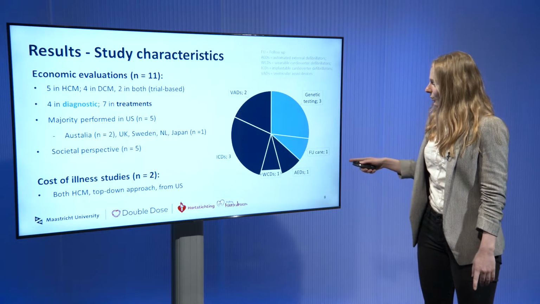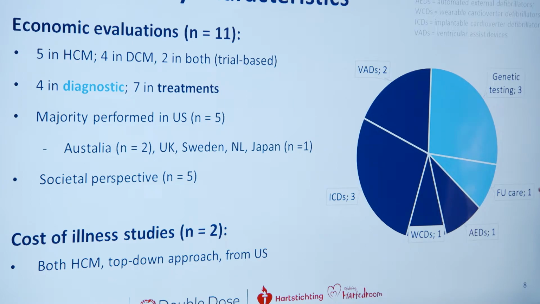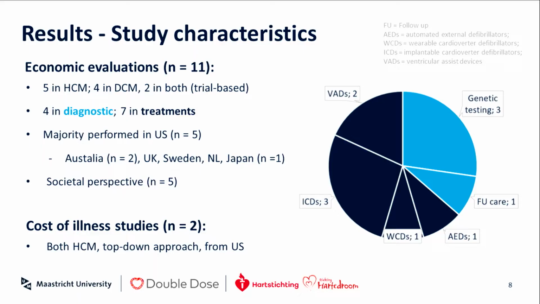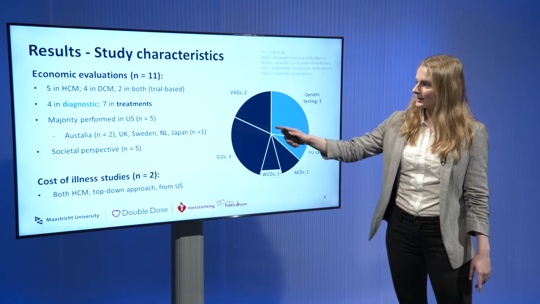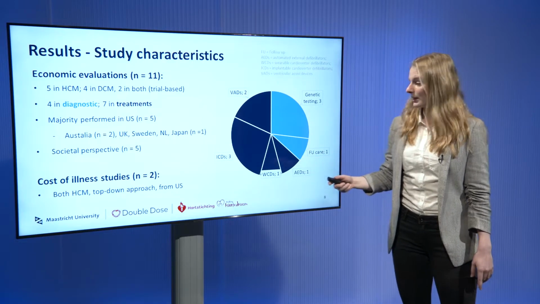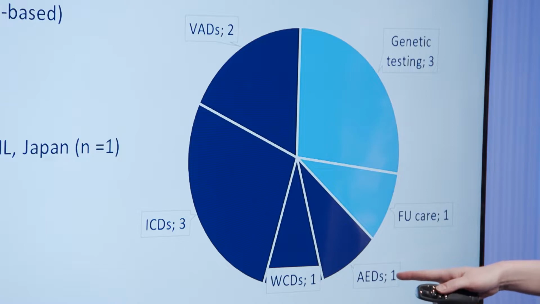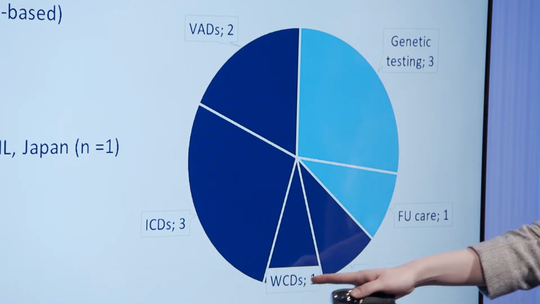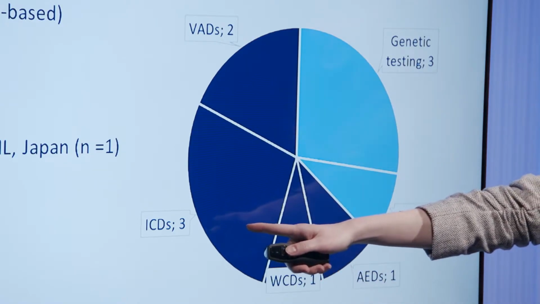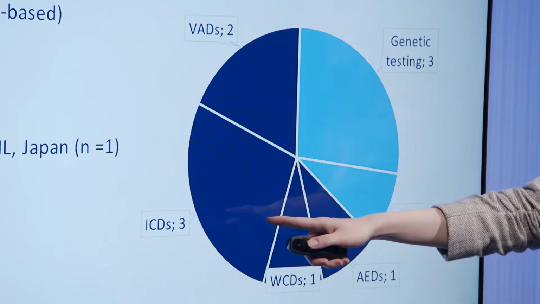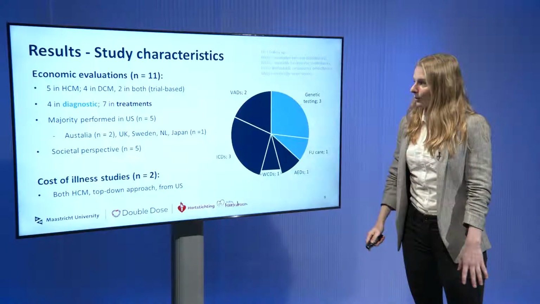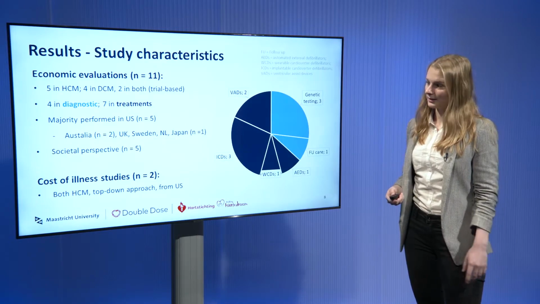So, 1 follow-up care program for relatives at risk of having the disease, and 3 studies in genetic testing. Further, we identified 7 studies in different treatments, like 1 in an automated external defibrillator, 1 in a wearable cardioverter defibrillator, 3 studies in an implantable cardioverter defibrillator, and 2 studies dealing with ventricular assist devices.